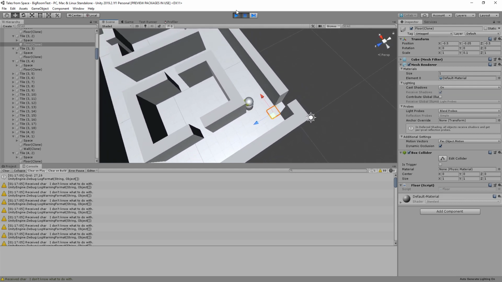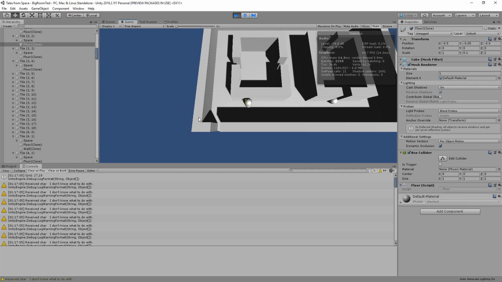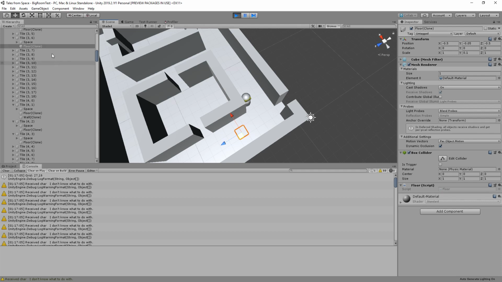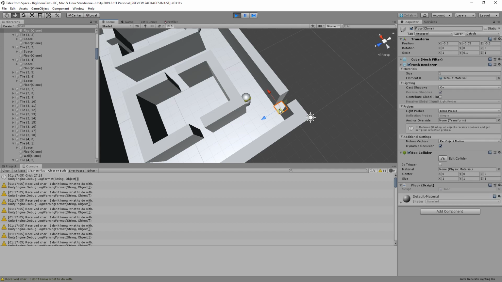So if I go ahead and unpause it, I want to show that usually there's 120 matter in every space, because that's about atmospheric. And as it stands right here, it's interacting rapidly with its neighbors, and it's going down.